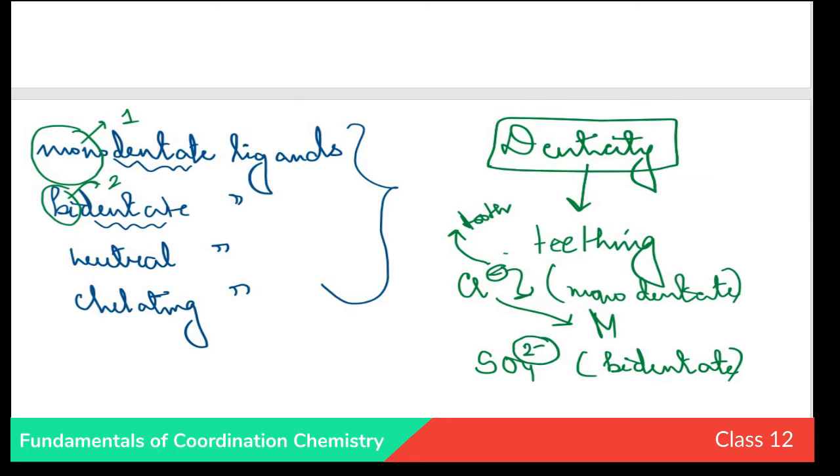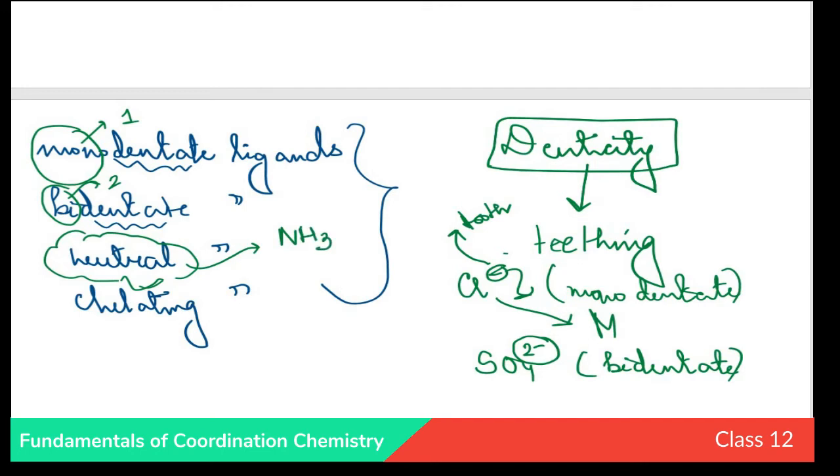Then we come to neutral ligands. Neutral ligands are ligands which do not donate electron density, right? Or I won't say it does not donate electron density. It does, but it does not donate electron density in terms of charges like Cl minus or SO4 2 minus. So a neutral ligand example would be ammonia because it is a neutral species.